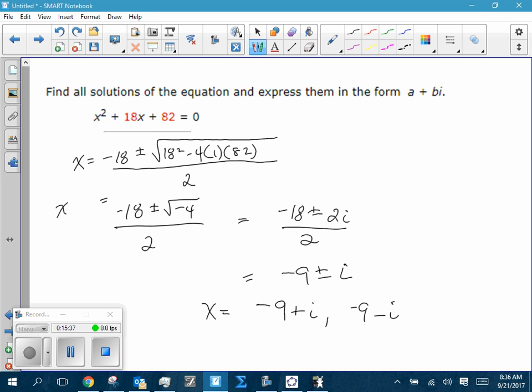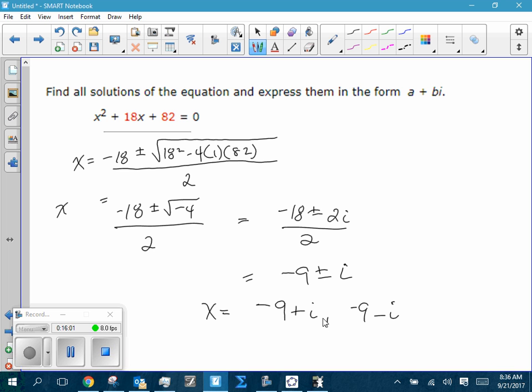Conjugates always show up for complex numbers as solutions to quadratic equations, even cubic, quartic, any polynomial equation, and that's part of that theorem that we talked about the other day. We'll talk about the fundamental theorem of algebra later. It kind of states that for us.